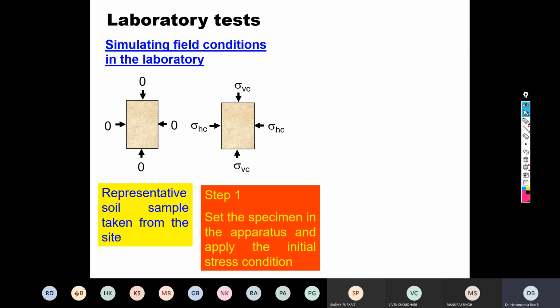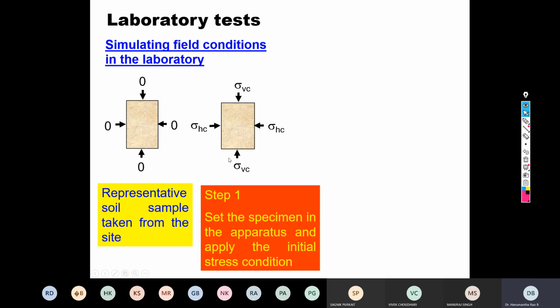Now, how much confining pressure you apply depends upon the overburden pressure that was actually acting on the soil sample in the field. For example, you may be locating your footing at a depth of Df from the ground surface, or even far below, whatever the location. That much confining pressure you must apply as an initial condition.